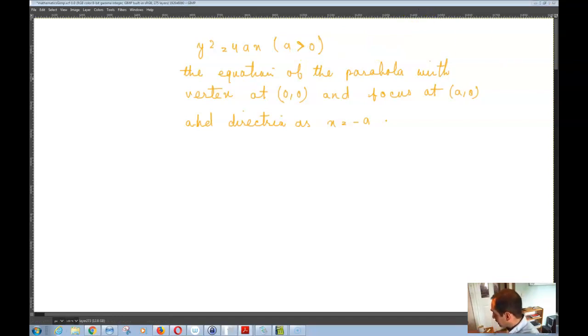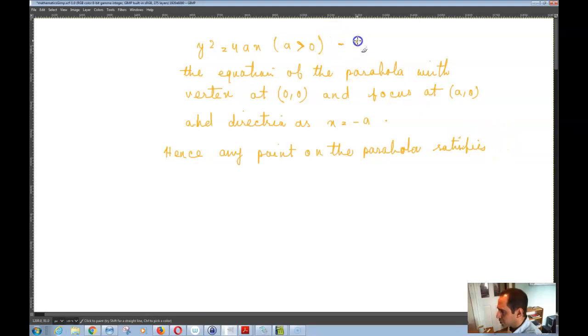So that means that, hence, any point on the parabola satisfies this equation. I call it, for example, equation number 1. Satisfies equation number 1.